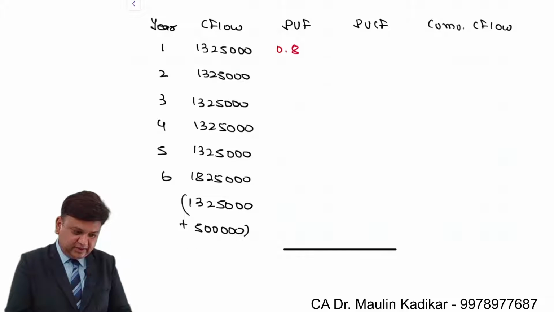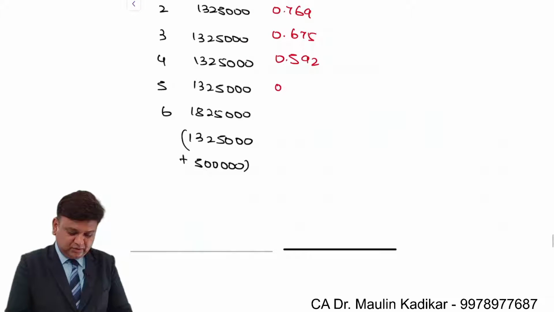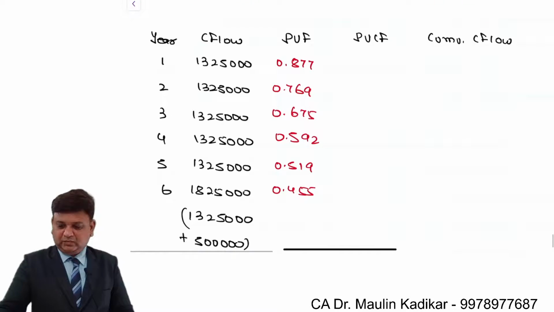Okay. Now present value factor. For end of year 1, 0.877, 0.769, 0.675, 0.592, 0.519 and 0.455. Okay.